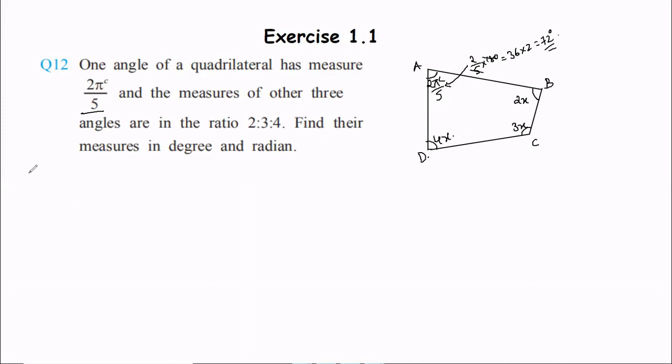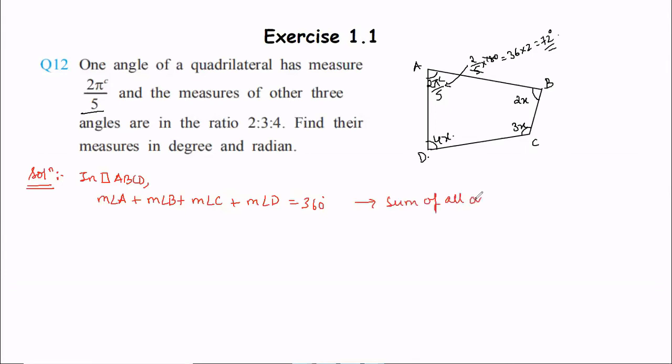The only property we will be using here is, in quadrilateral ABCD, measure angle A plus measure angle B plus measure angle C plus measure angle D is equal to, oh sorry, not 180, it's 360 degrees. The property is: the sum of all angles of a quadrilateral is 360.